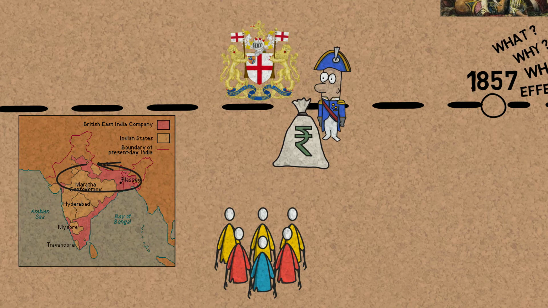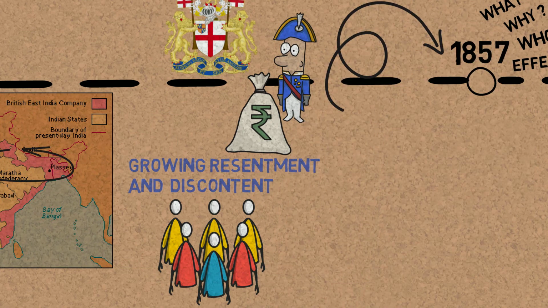But while doing so, they created resentment and discontent among the people in India. Indians were treated as inferiors, Indian soldiers were denied promotions and rewards, their religious sentiments were hurt. Due to all these reasons, people rose in rebellion in 1857.